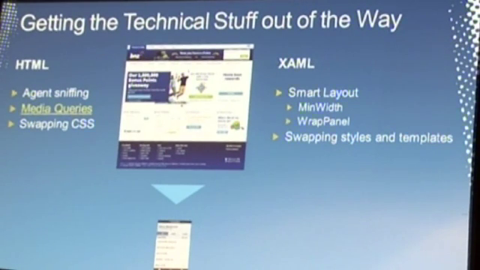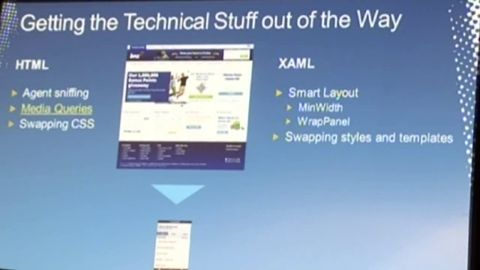This is, I think, the most technical slide I have. So if you're here for technology, after this slide you can leave. If you're designing for HTML, then what we talk about is agent sniffing: the idea of understanding what browser people are using, and then potentially serving up different CSS or different JavaScript, depending on the platform.